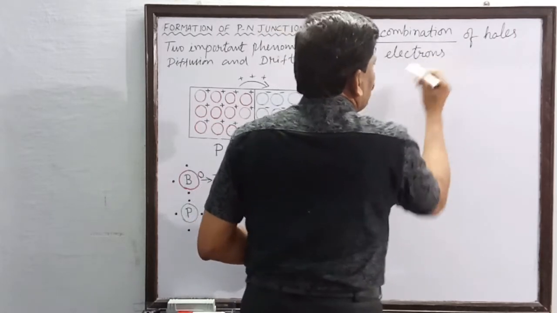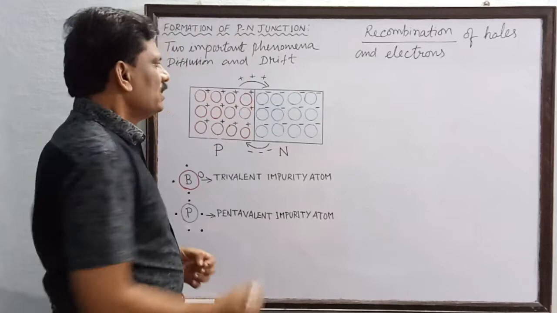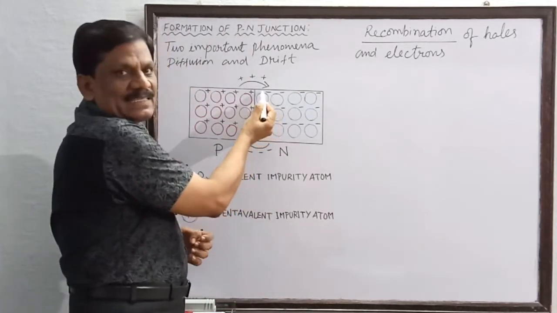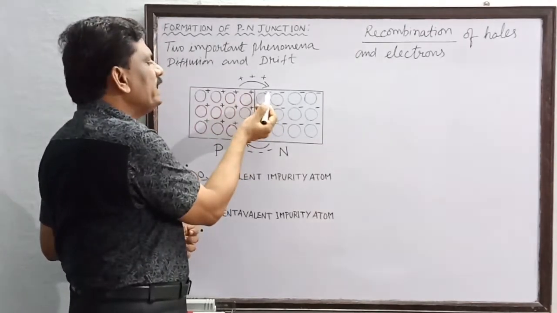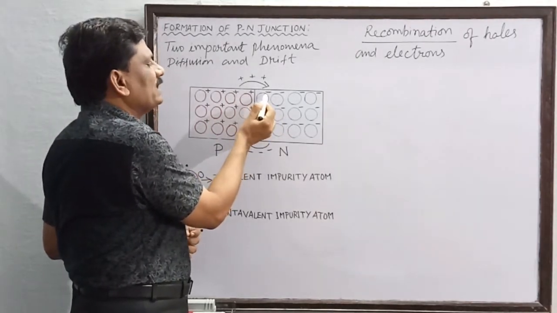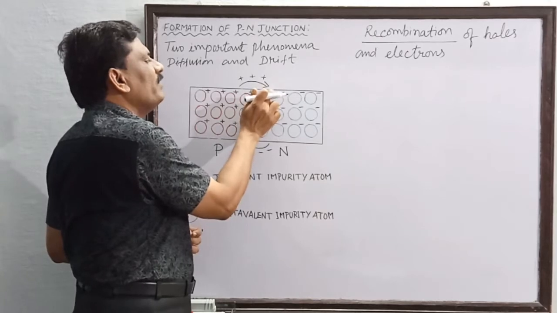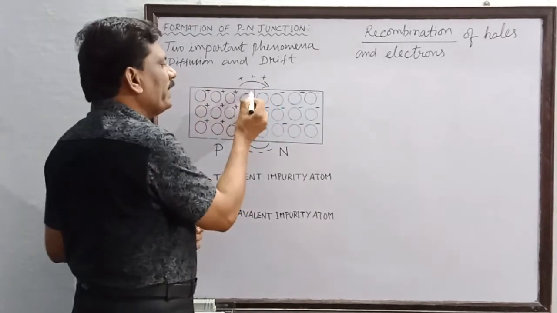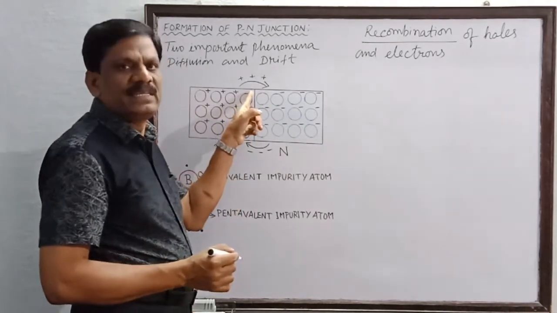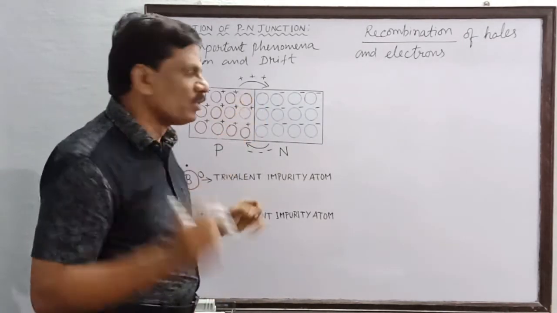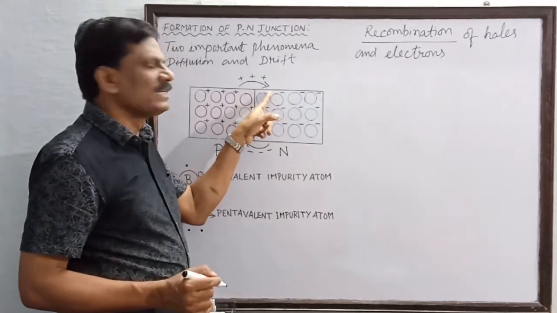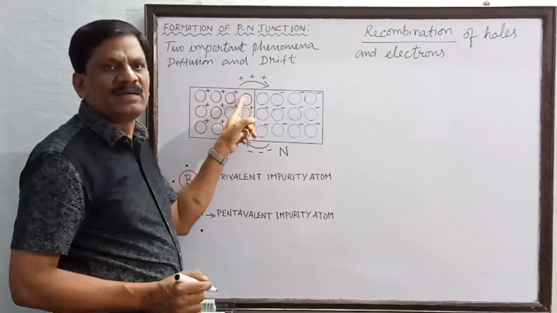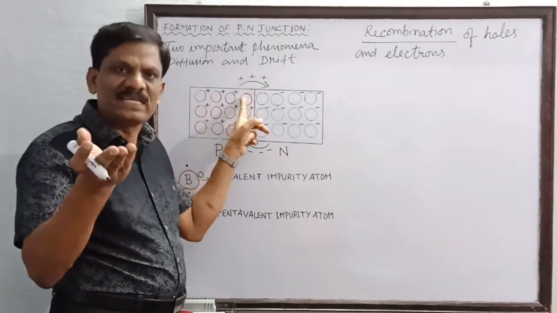So what do you mean by recombination? See, for example, this atom which has one excess electron will diffuse into the P region of the junction, so that this electron will leave the site and enter the P region, and it will occupy the hole which was already present with the impurity atom. So, my dear students, this atom loses a negative charge, and on the P side of the junction, that atom receives an electron and hence it loses a hole.